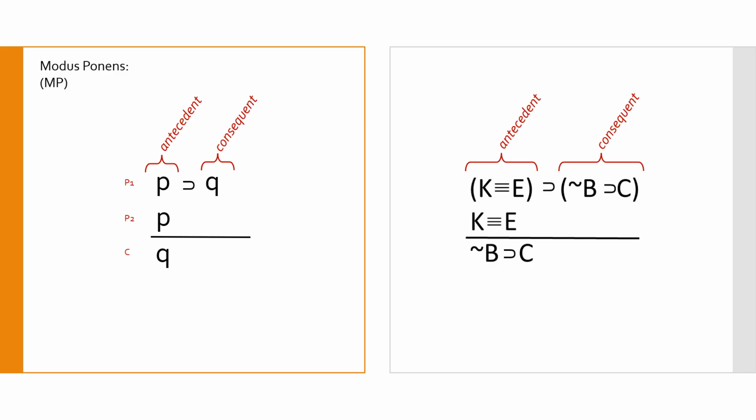Notice that the antecedent in this original conditional statement is K is true if and only if E is true. The consequent is if not B, then C. And of course, the second premise and the conclusion are indeed following the pattern that we're looking for. We affirm the antecedent in the second premise, and we affirm the entire consequent in the conclusion.